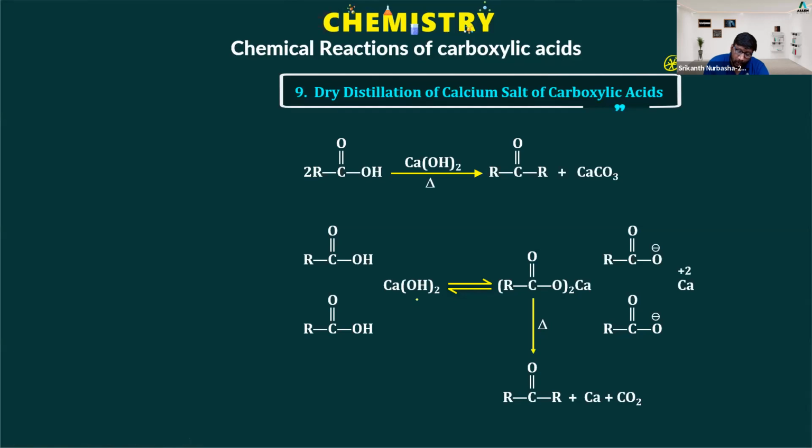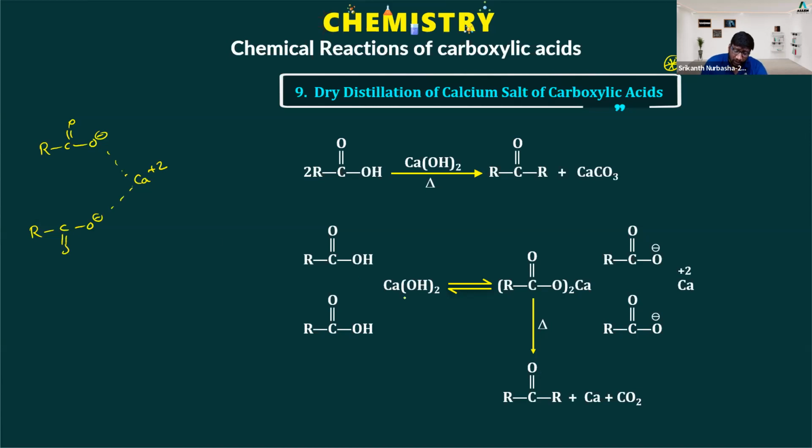Like RC=OOH plus Ca(OH)2, right? RC=OO minus, RC=OO minus will develop electrostatic force of attraction with Ca+2, and this Ca+2 will undergo the loss of CaCO3.